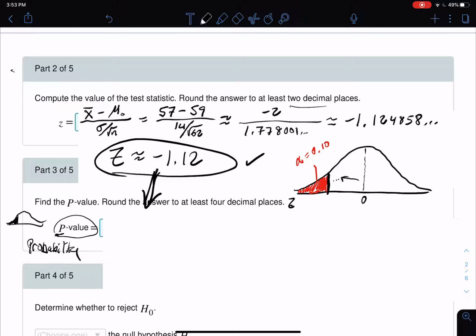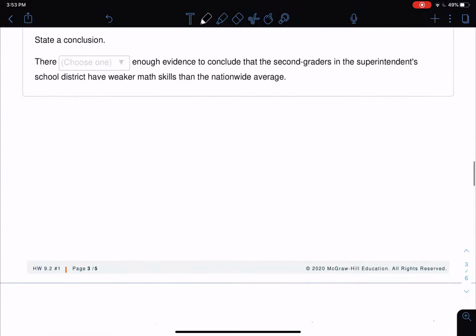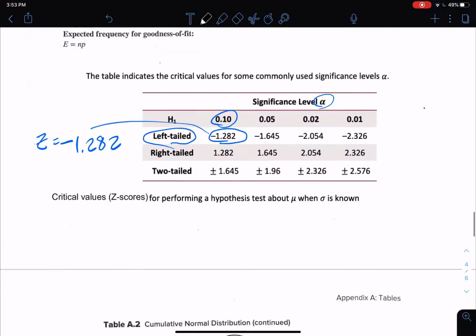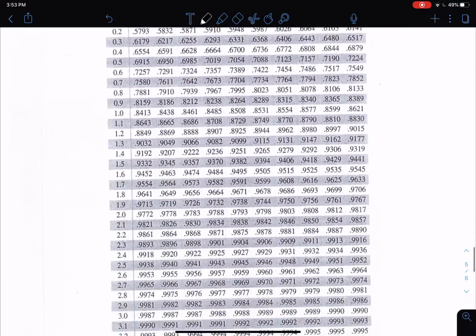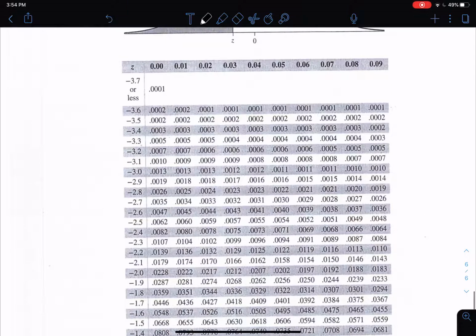We've got to figure out what the p-value is. And the p-value is just going to be the area under the curve to the left of negative 1.12. So we can just look that up on our table or calculator. Negative 1.12 is going to put us at that place right there.